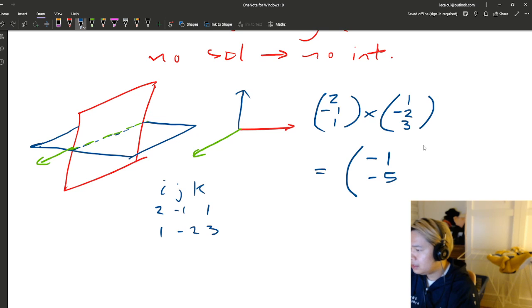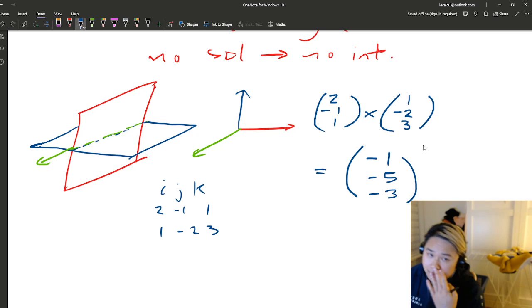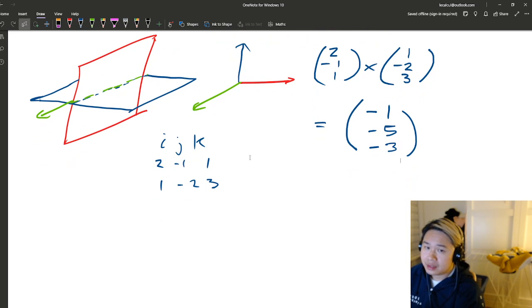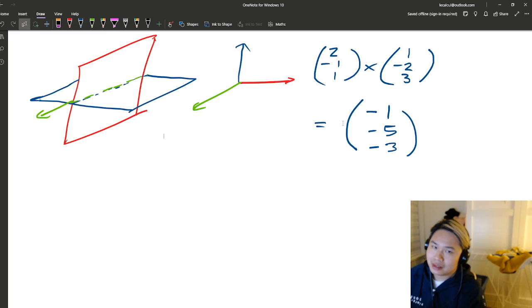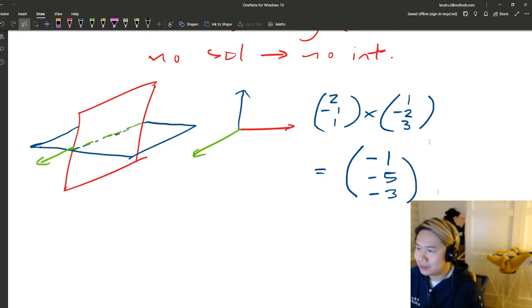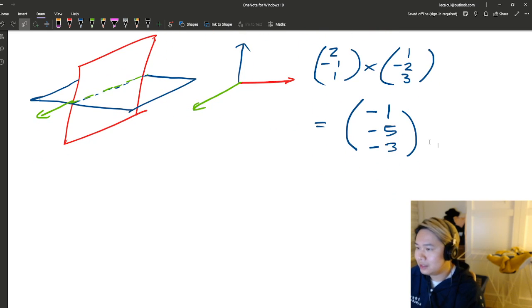And then lastly, -4 plus 1, which I think is -3. Okay. I don't even know if this is right, but whatever. I know what to do. This is the process. This might not be the actual right cross product, and I'm too lazy to do the ugly formula in your formula booklet. But you guys can do that.